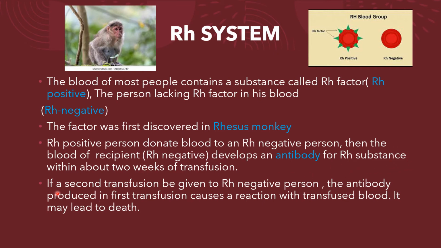Then if a second transfusion is given to the RH negative person, that means the RH negative person is getting RH positive blood again, the antibody produced in the first transfusion causes a reaction with the transfused blood.